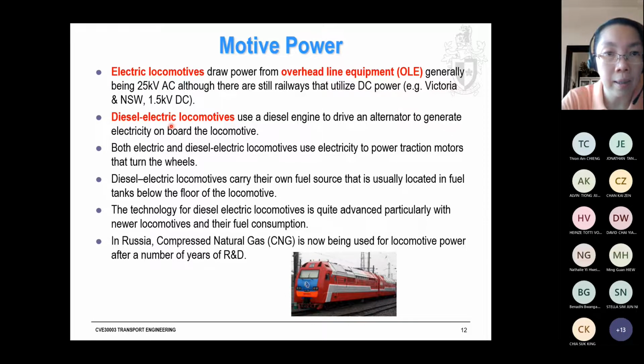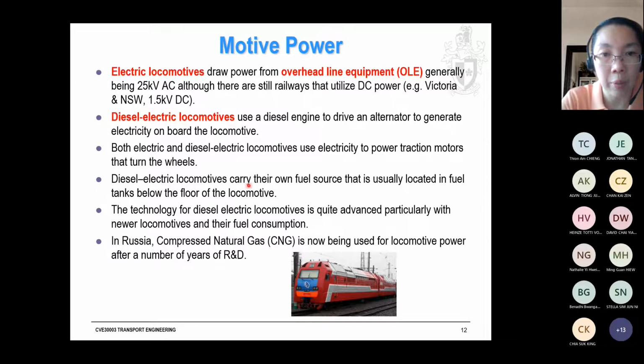Okay, and diesel electric locomotives use a diesel engine to drive an alternator to generate electricity on board the locomotive. All right, so it's still electric based, but you need diesel power to drive that alternator to generate electricity. All right, so both electric and diesel electric locomotives use electricity to power traction motors that turn the wheels.